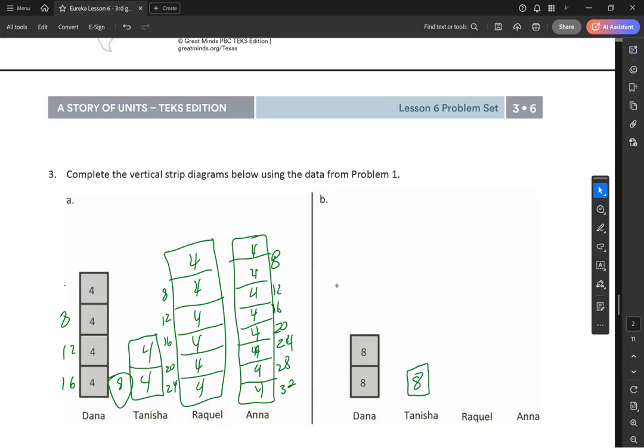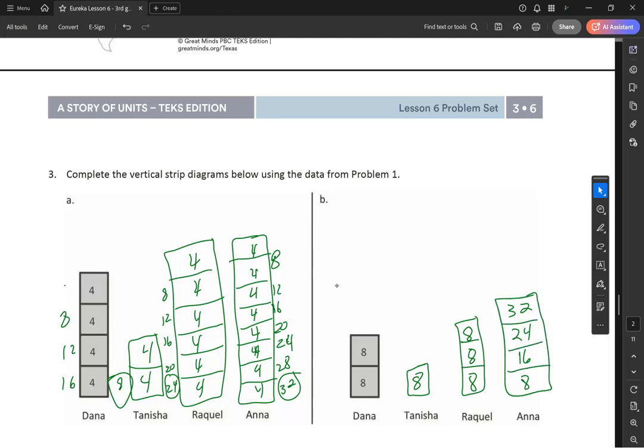Raquel had 24. So we need 8, 16, 24. Anna had 32, 8, 16, 24, 32.